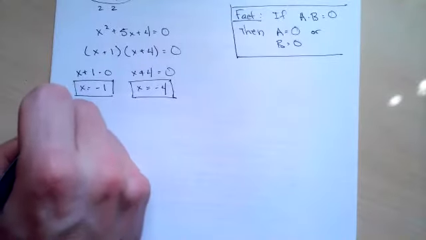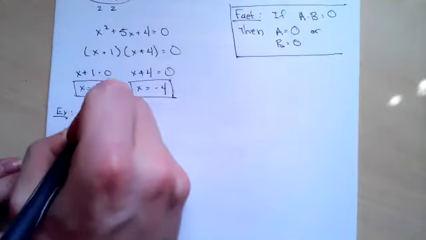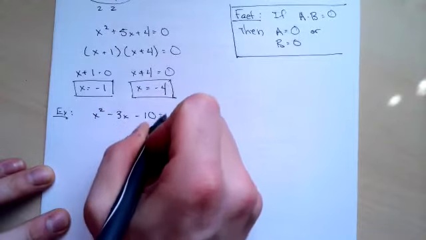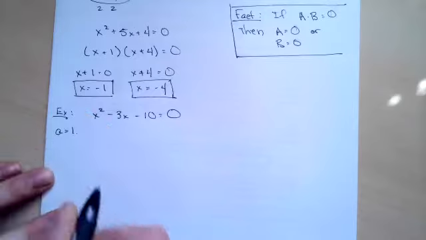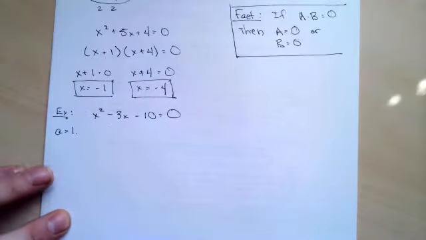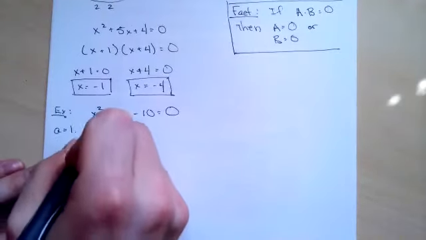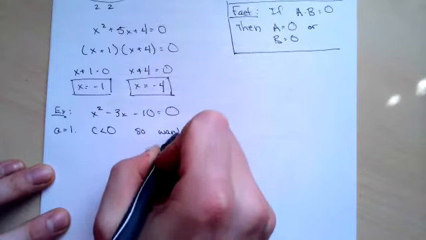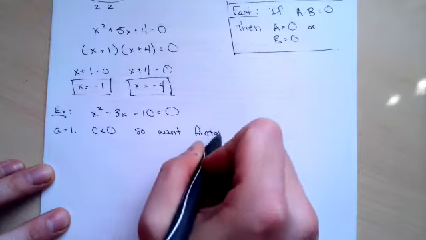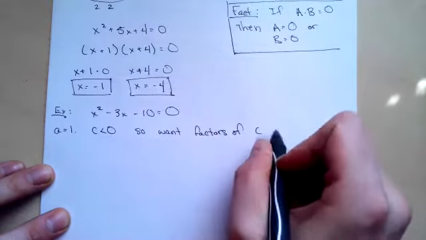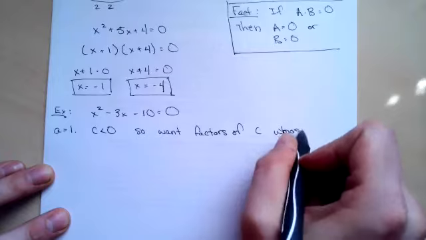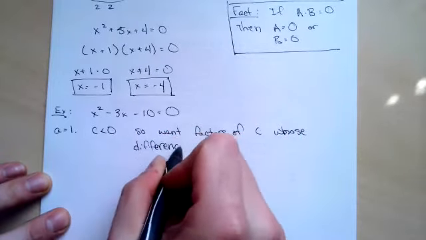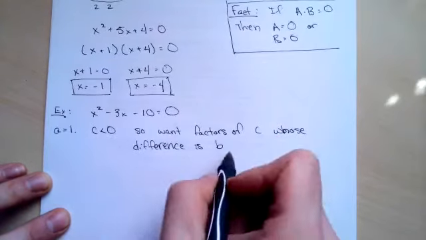Next example, let's get a little bit harder, or I guess different, I don't know, depends on what you find hardest and whatnot. Our leading coefficient is still going to be 1. So still fairly easy, but notice that c is negative. So in this case, we want factors of c whose difference is b.